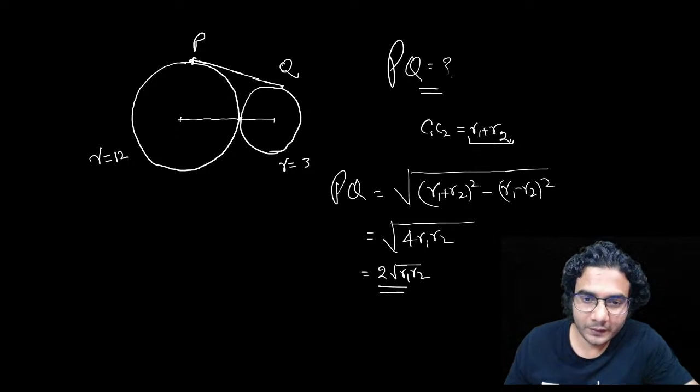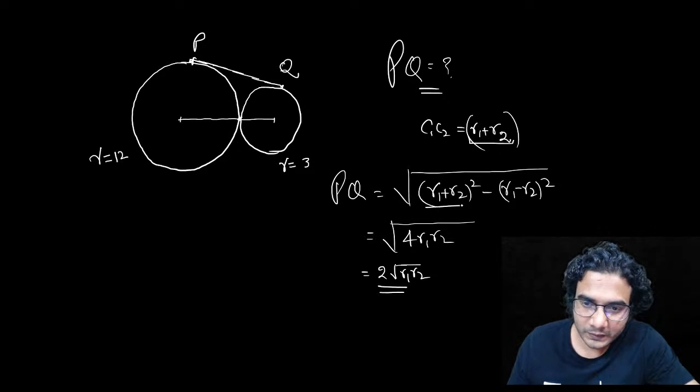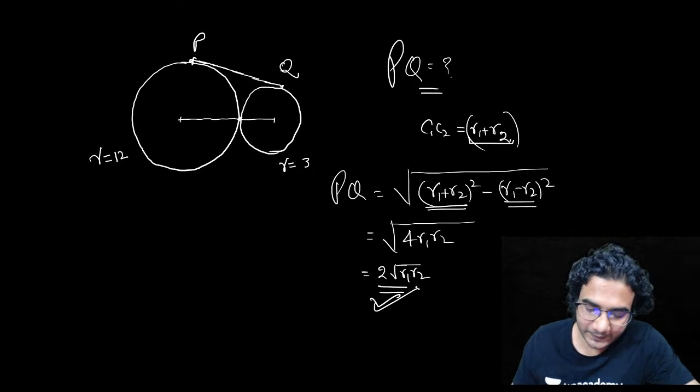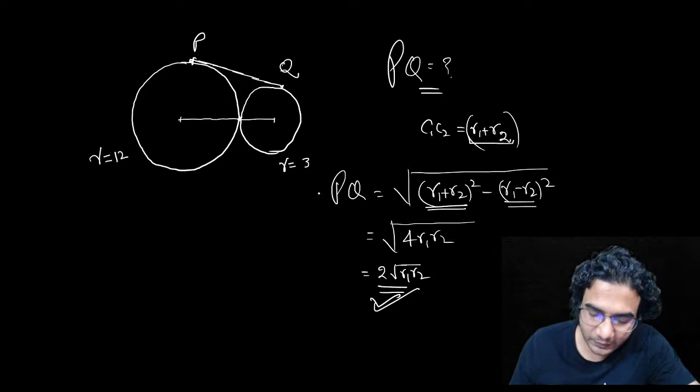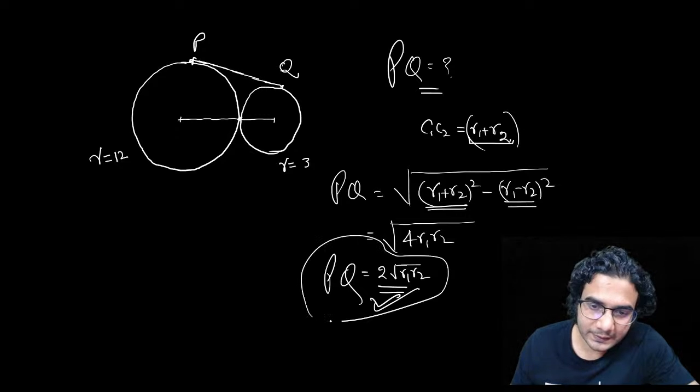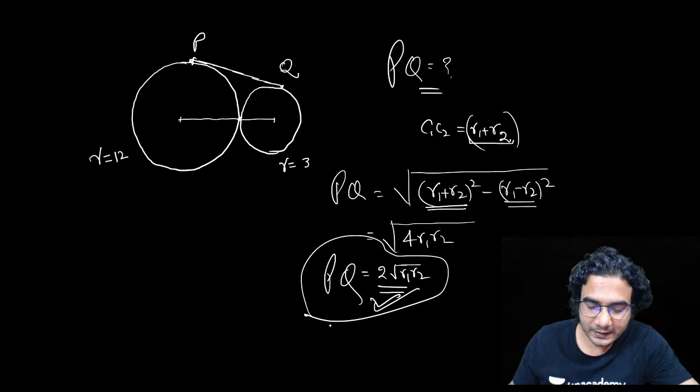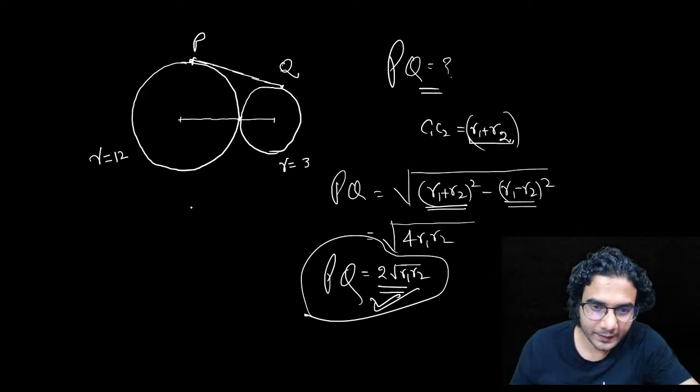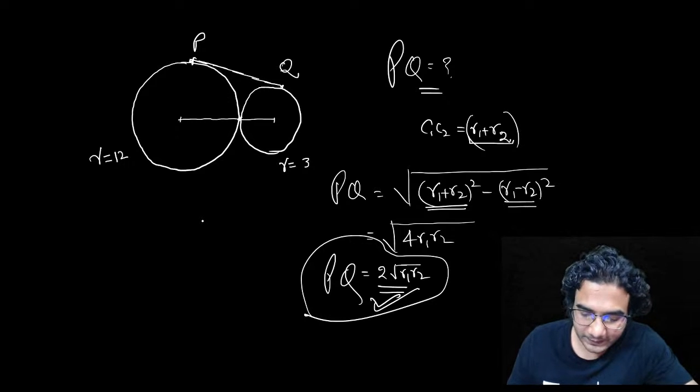हाँ, so I have written the formula. C1C2 की जगह पे R1 plus R2 डाल दिया है. And after simplifying, the formula becomes this. Okay. So when circles touch each other, your answer is correct, Prakash. Good. Answer is 12. Formula becomes this when circles touch each other.